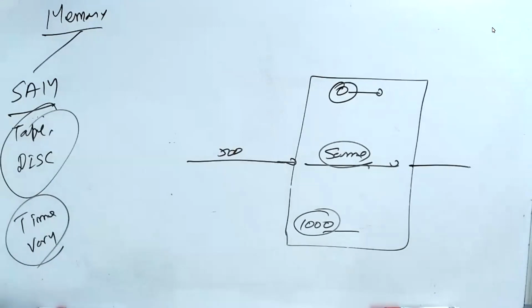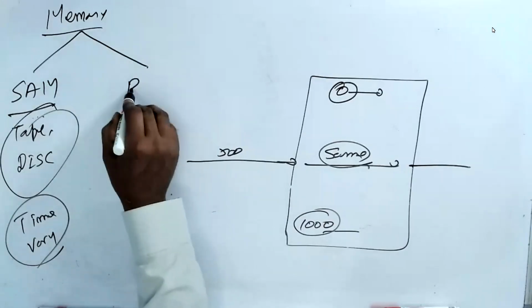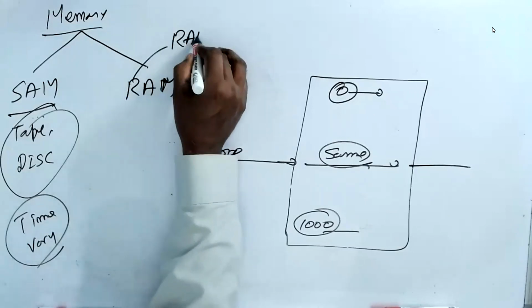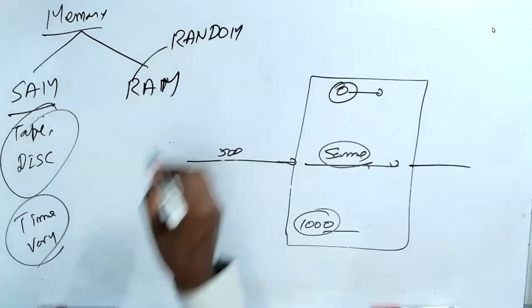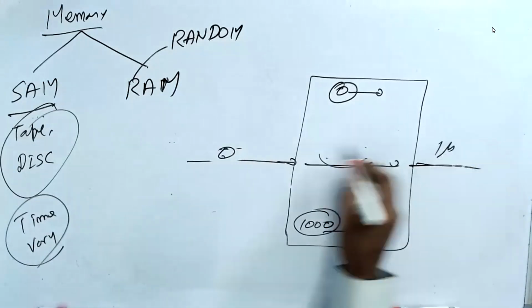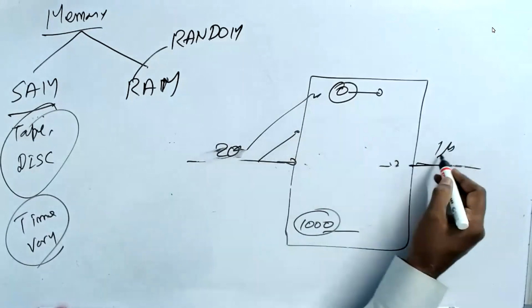But engineers don't want that. Engineers are looking for a memory like this, and they call it random access memory. Why do they call it random? Let us say I ask for location 0 and get it in 1 microsecond. Then if I give 200, I should get the same 1 microsecond.